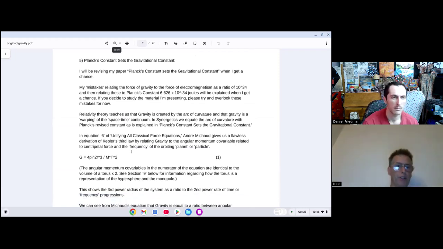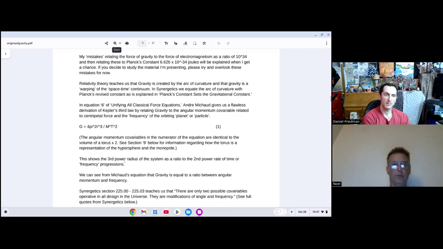This equation here from Andre's unifying all classical force equations explains the derivation of Kepler's third law, where it shows a third power radius of the system ratioing to a second power rate of time or frequency progressions. I'm not going to go over this really much anymore. I'm just showing this formula here. Gravity is equal to, see this angular momentum?